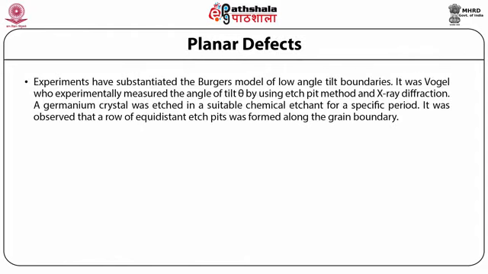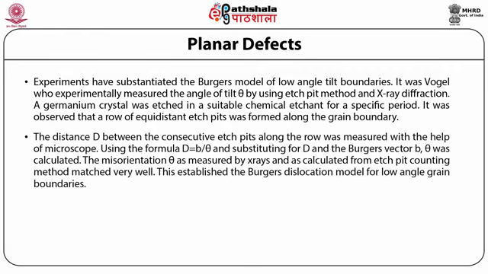Experiments have substantiated the Burgers model of low-angle tilt boundaries. It was Vogel who experimentally measured the angle of tilt theta by using the etch-pit method and X-ray diffraction. A germanium crystal was etched in a suitable chemical etchant for a specific period. It was observed that a row of equidistant etch pits was formed along the grain boundary.